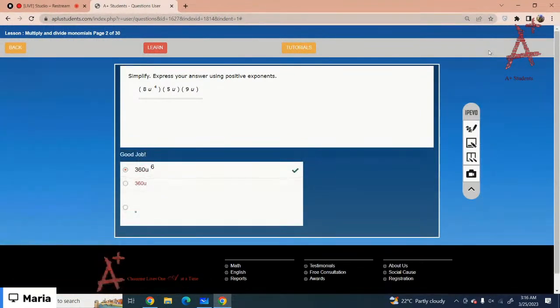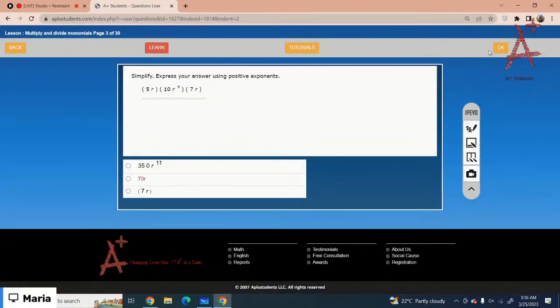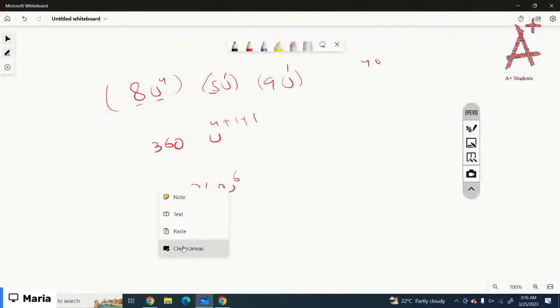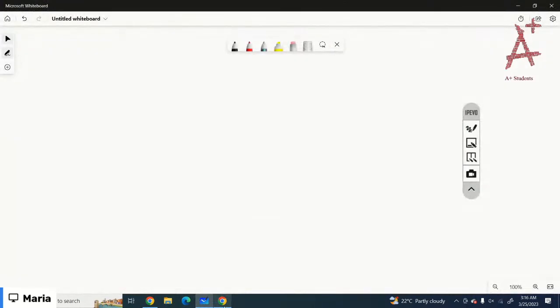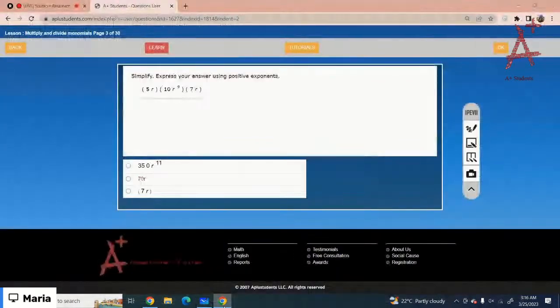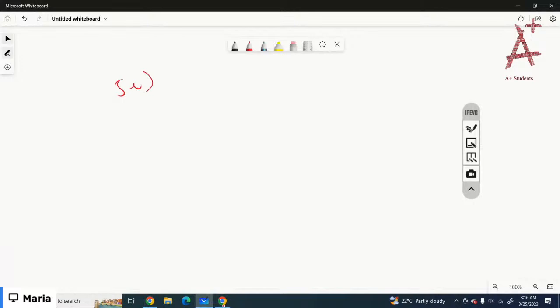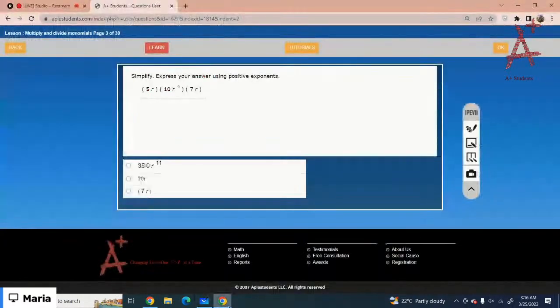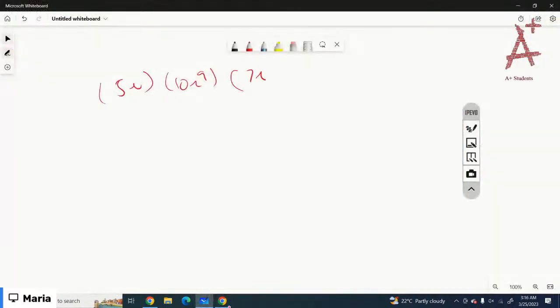Okay, the next one is 5r, 10r9 and 7r. You have to multiply all the coefficients. 7 times 5 is 35 and 35 times 10 is 350.